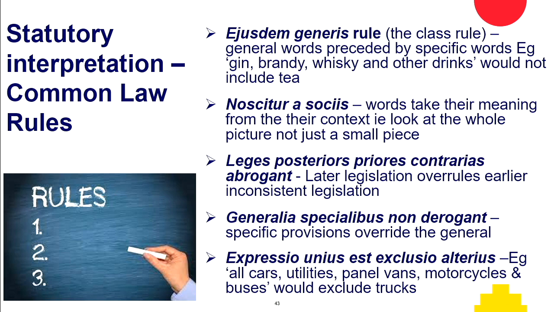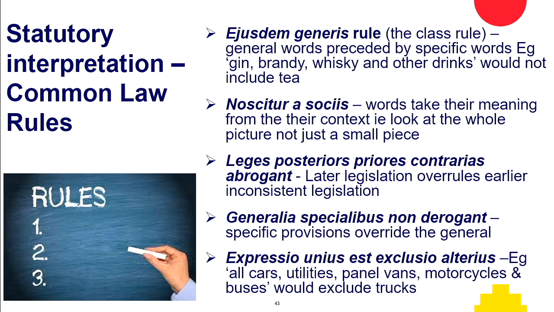So we've got the pet, and a pet is a domestic animal. And then we could put some examples in there to say a domestic animal is a cat, a dog, a sheep, maybe a goat. But what we know from that specific list of animals is that it's unlikely to be a lion, a tiger, or a bear. We're limiting that interpretation based on the generic or generis or general class of those words.